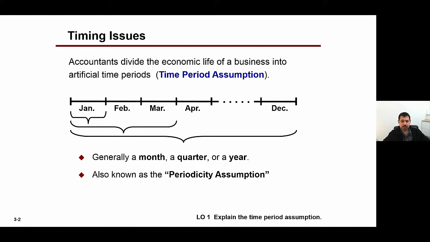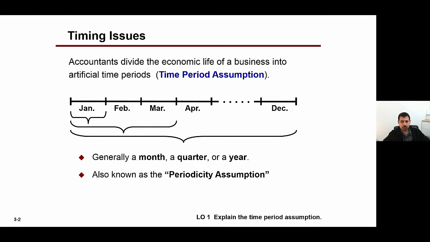If we could wait until the end of the life of a company, everything would be easy and clear, so we wouldn't need to make any adjustments. But because of these time periods, we need to provide periodical statements, and as a result, sometimes we need to make certain adjustments. Take, for example, the management's needs for monthly reports.